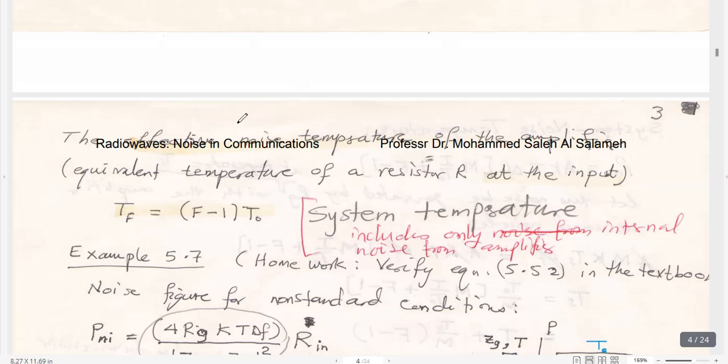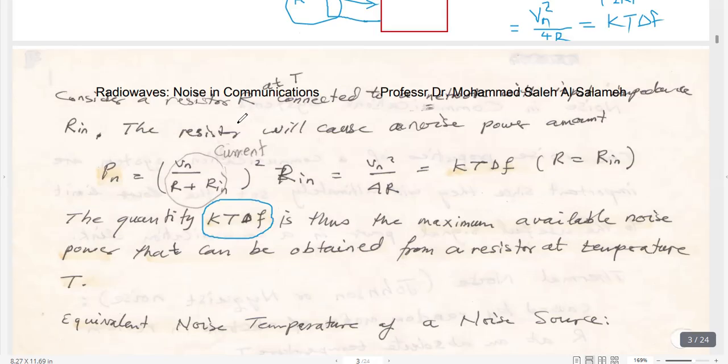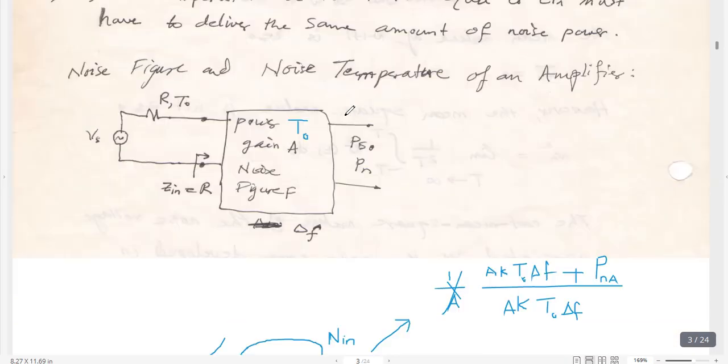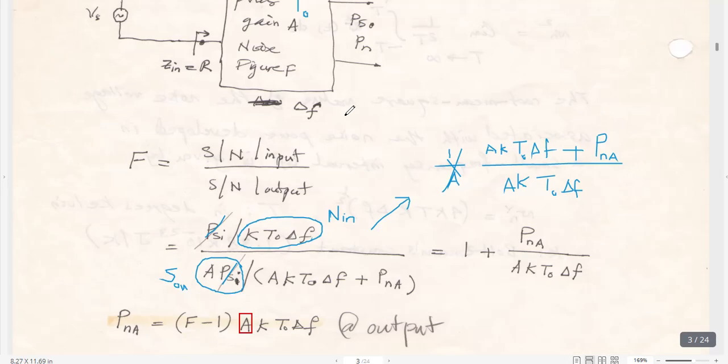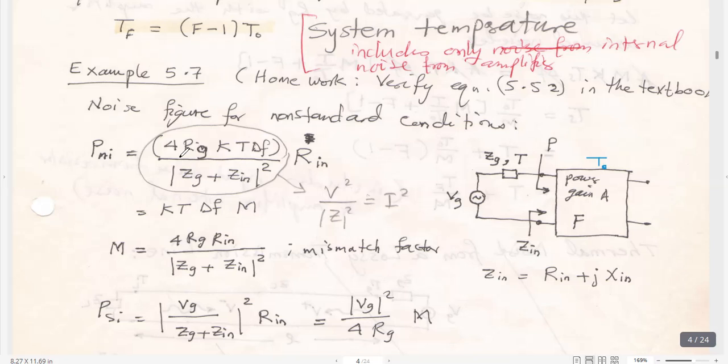V squared is given by the equation for the resistor: V squared equals 4 k T R delta F, where R is Rg, the real part of the generator impedance. So V squared equals 4 Rg k T delta F. This is the noise voltage squared from the resistor of the impedance here.